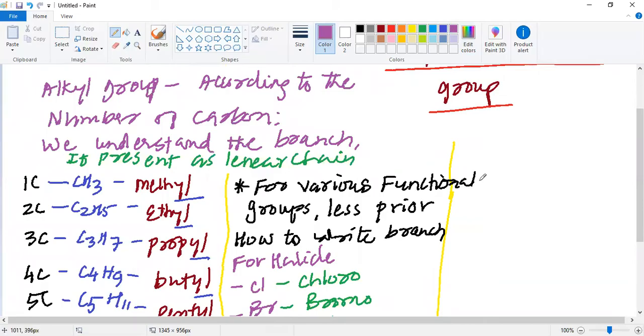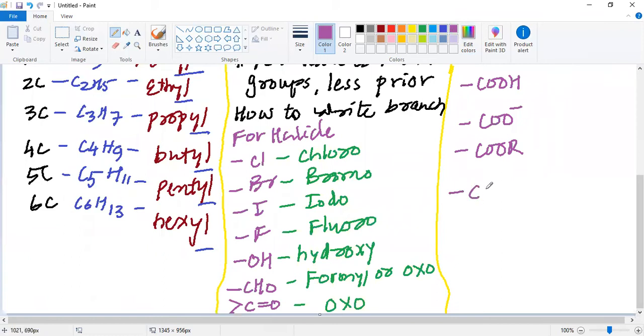If we have CN, or we may have ROR, that is ether, or carboxylic acid, COOH, or carboxylate ion, COO minus, or ester, COOR, or acyl halide, COX, that may be COCl or COBr.